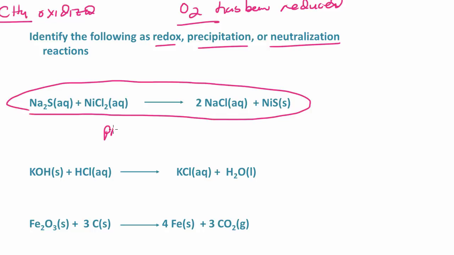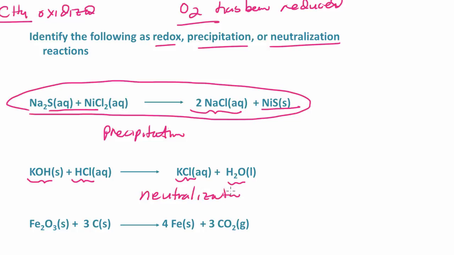This one here is a precipitation, and we know it is because we have two ionic compounds mixed together to produce a solid, and then we have this aqueous sodium chloride. This one here, well, what do we have here? Potassium hydroxide, hydrochloric acid. Oh, we have a salt and water. This is a neutralization, acid-base neutralization.